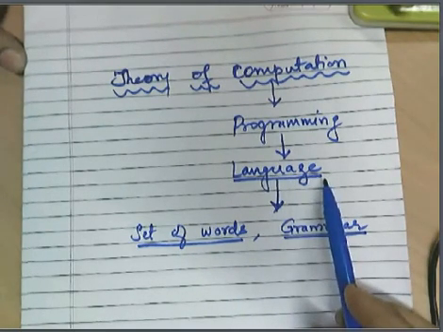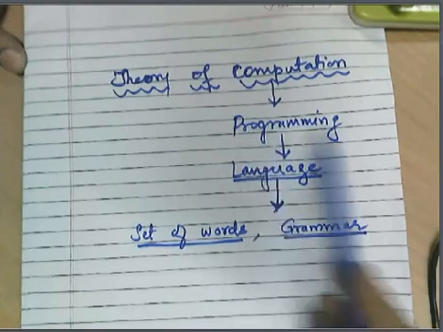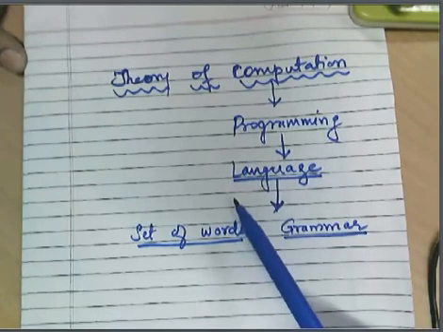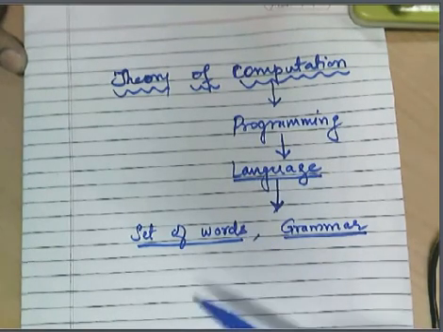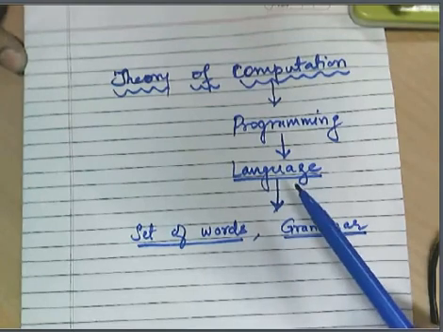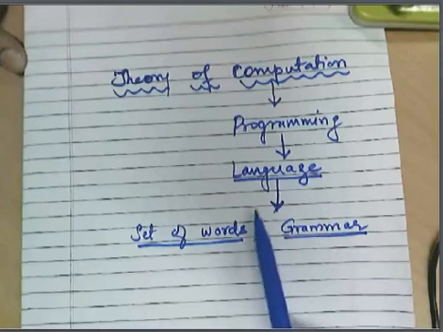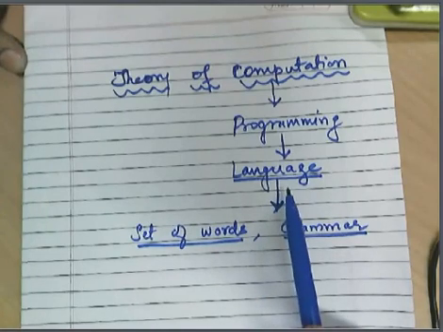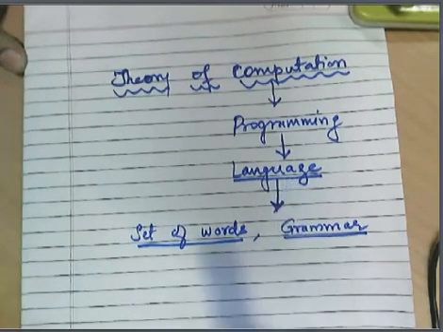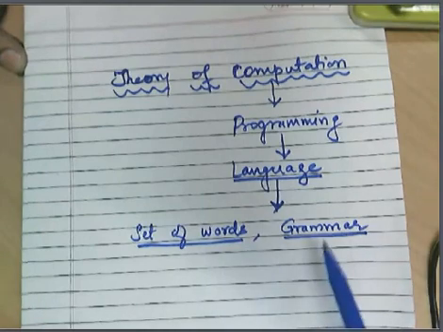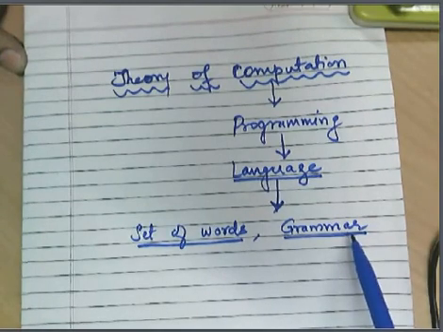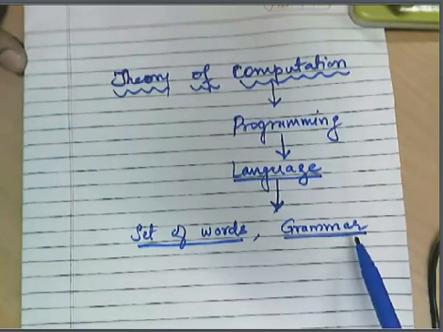To have communication. So programming languages are used for what kind of communication? Between human and the computer, right? Whatever kind of languages we are talking about, the purpose is communication, and it has a set of words, and it is associated with its own grammar. The grammar of the English language is not applicable to the grammar of the Hindi language or Marathi language.